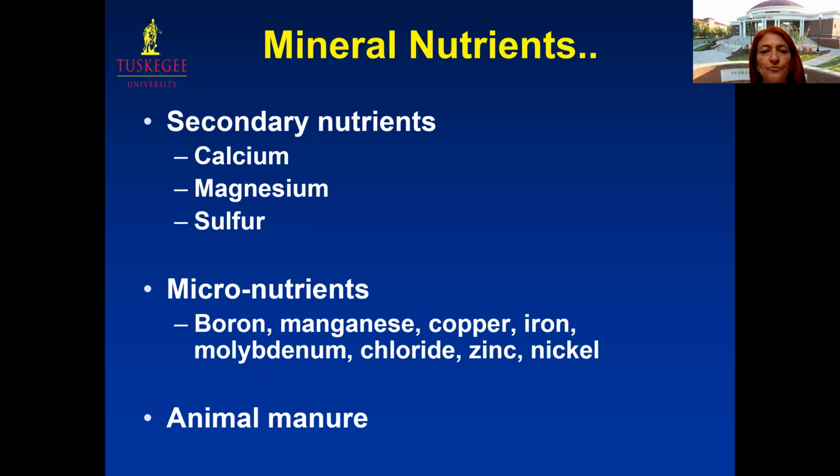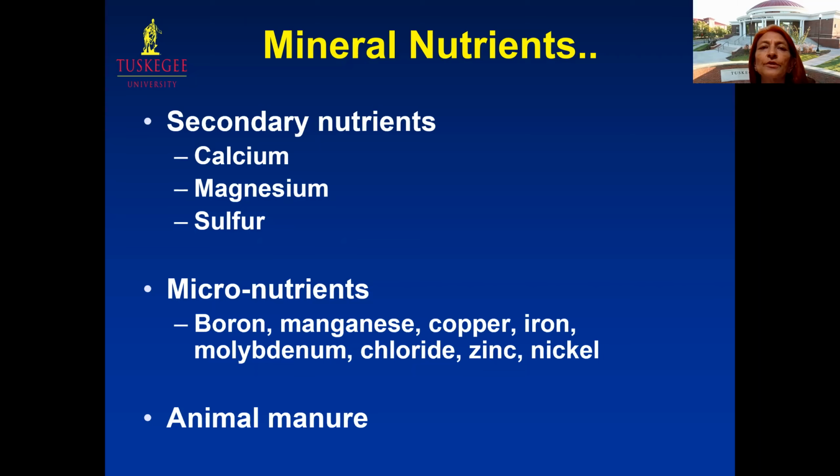And if we want more, we need to specify on the sheet what tests we are sending the sample for. We'll talk later about the details of sending soil samples and requesting tests. Usually when you test for the macronutrients, and if forages perform well, we don't have to worry about secondary nutrients and micronutrients.